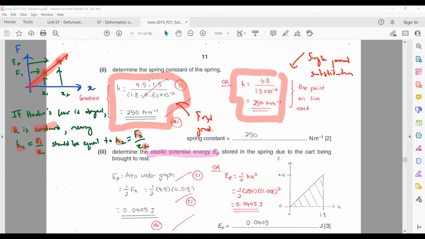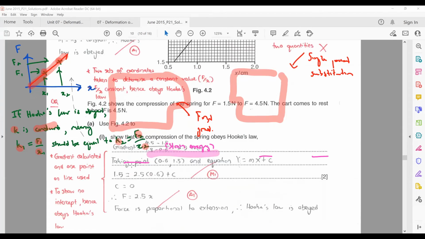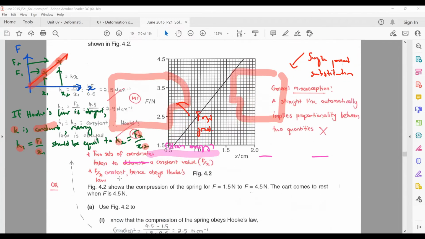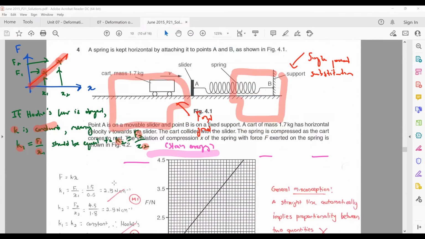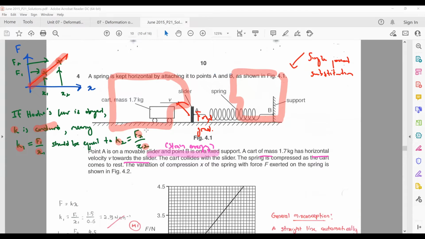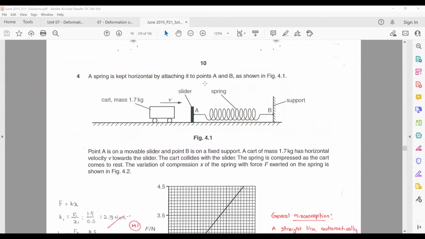So they want you to find out the amount of EPE or strain energy stored in the spring due to the car being brought to rest. So if you recall how the situation was just now, the cart, maybe I rub off everything.